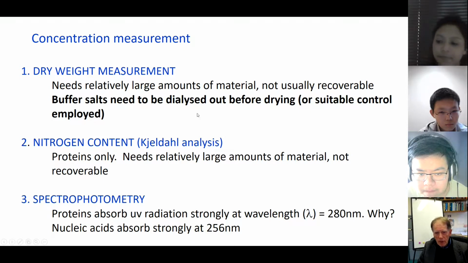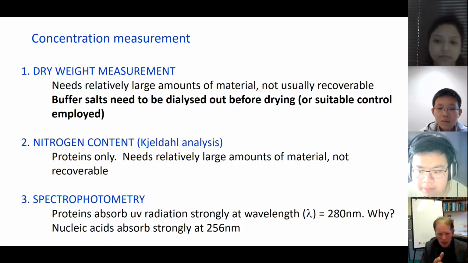And also you have the complication that if it's not just dissolved in water, but in a salt solution or containing buffer salts, then they would need to be removed by dialysis before drying, or instead you perform a suitable control which just has the buffer salts in solution and not your macromolecule. So there are complications if you try this method.